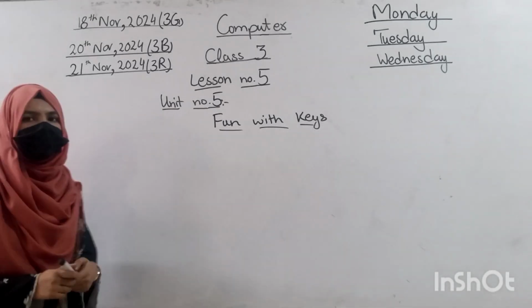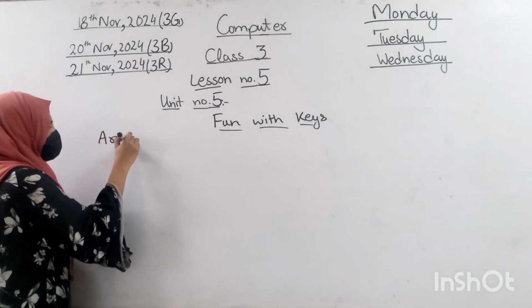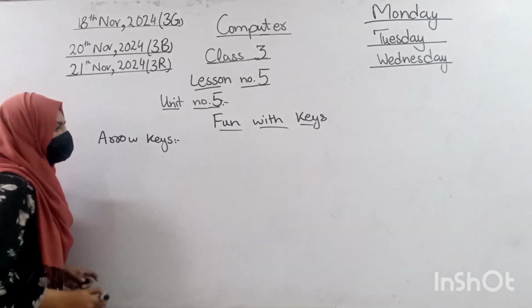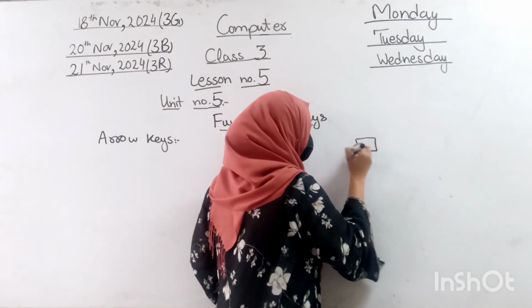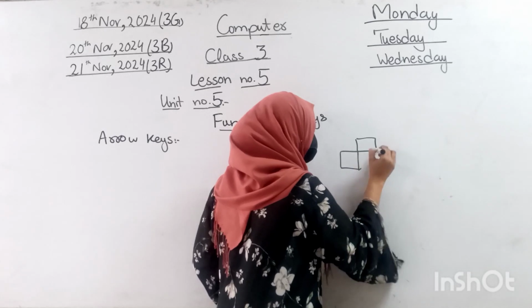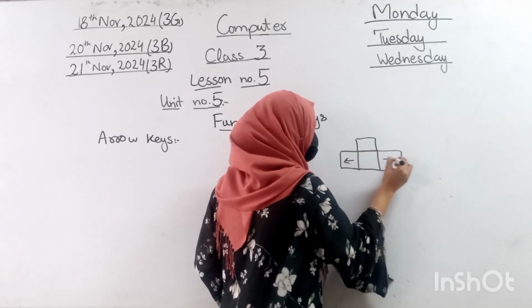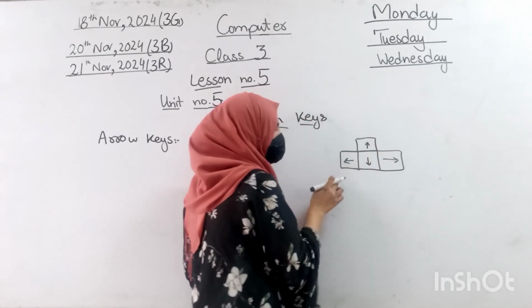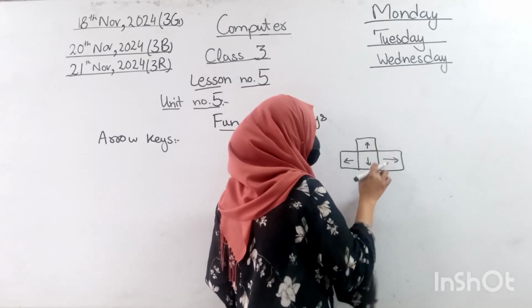So students, now we are going to talk about our arrow keys. You must have seen the arrow keys on the keyboard like this. So these are our arrow keys. They show the right, the left, the top, and the bottom.